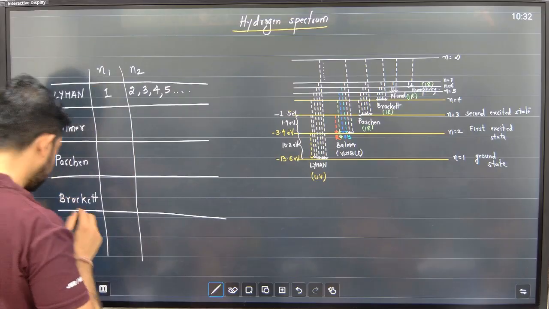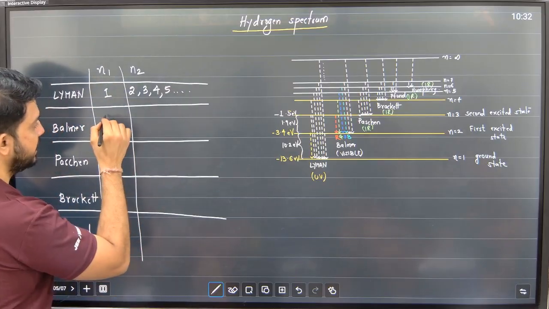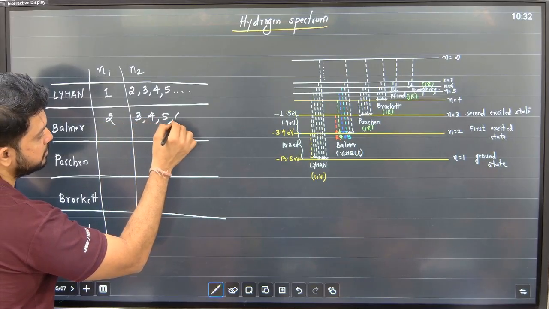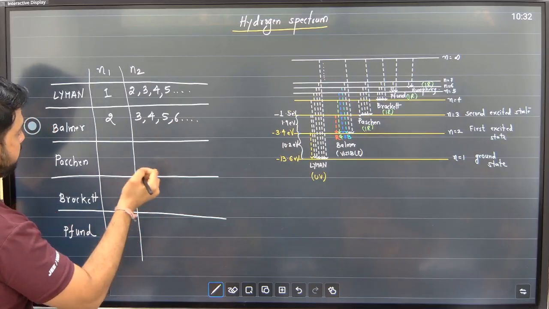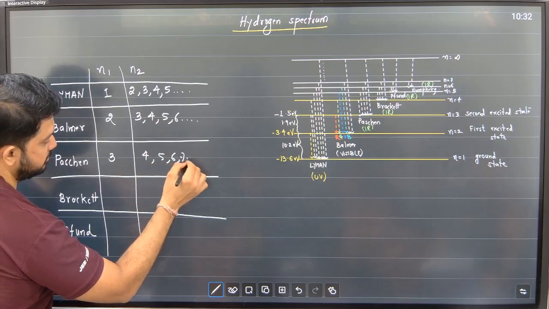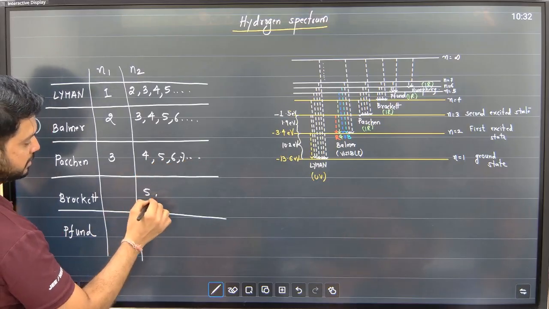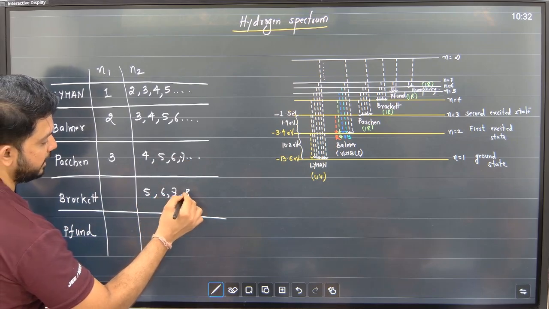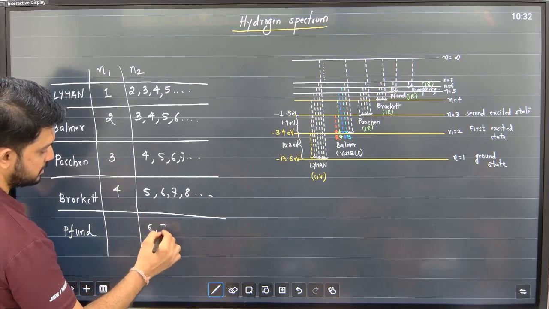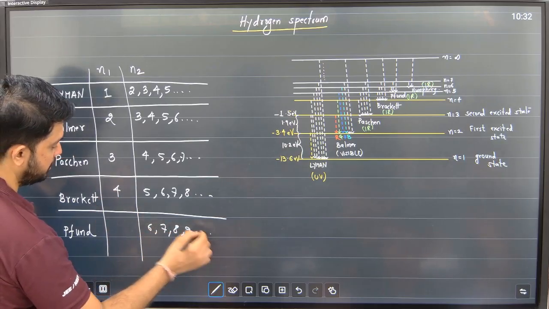First. What happens in Balmer? Second, from where? Third, fourth, fifth, sixth, and so on. What happened in Paschen? 4, 5, 6, 7, to where? Brackett: 5, 6, 7, 8, to where? And Pfund: 6, 7, 8, 9, to where?